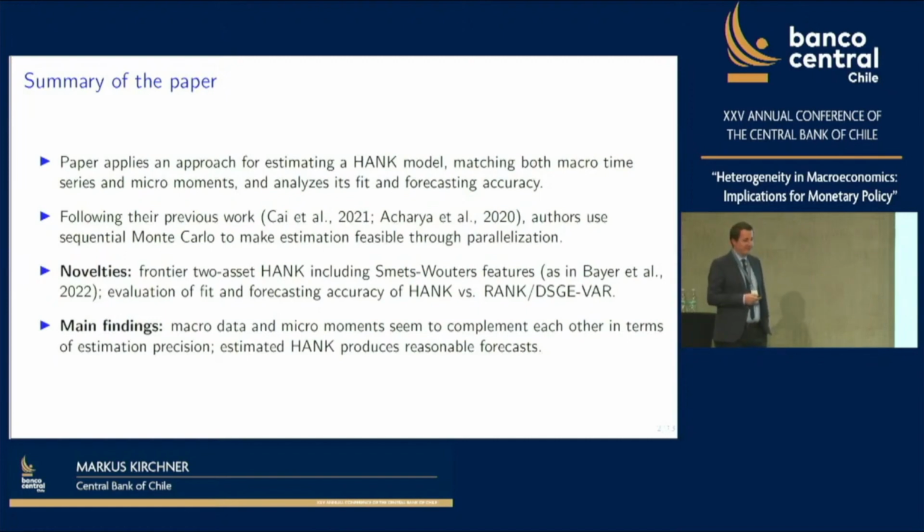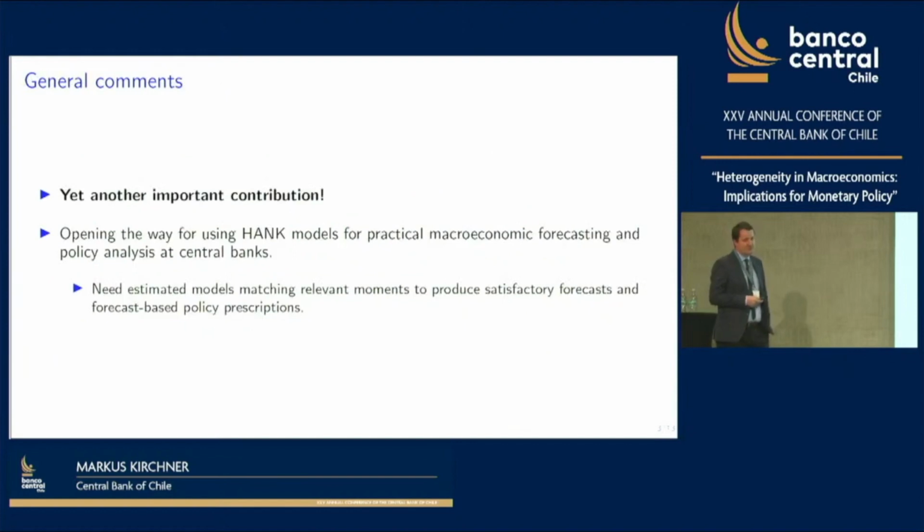Okay, so that's a brief summary. As a general comment, I think this paper is yet another important contribution by Marco and co-authors, also in a series of papers by other co-authors that are opening the way for using HANK models for practical macroeconomic forecasting and policy analysis at central banks. And why?